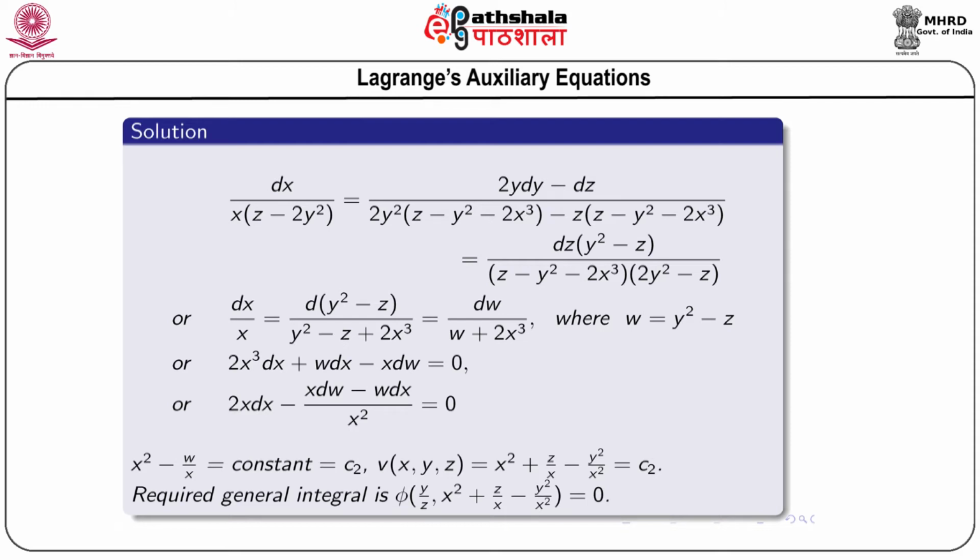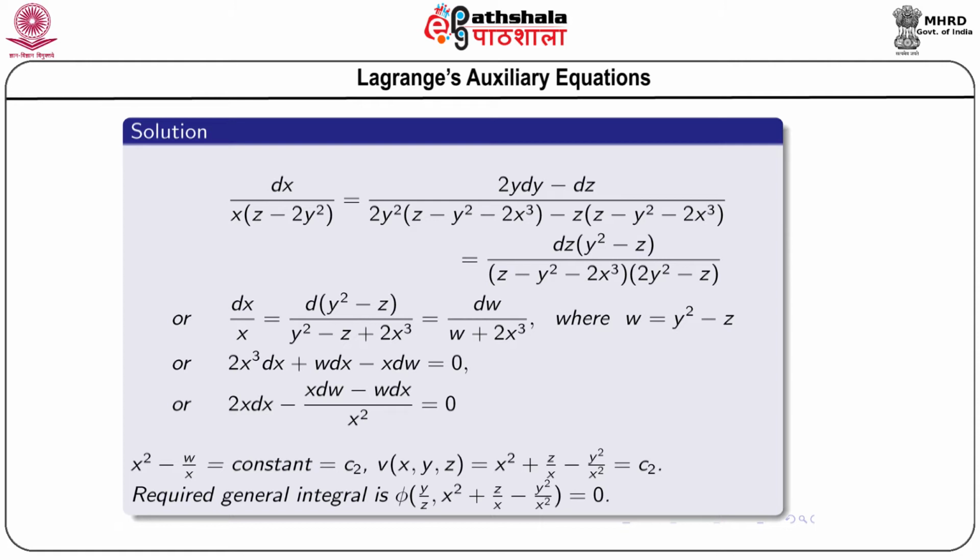And from this equation one can find an integral like this: 2x³ dx + w dx − x dw = 0, and it can be solved. So, our other integral is x² − w/x = constant, that equals c2.